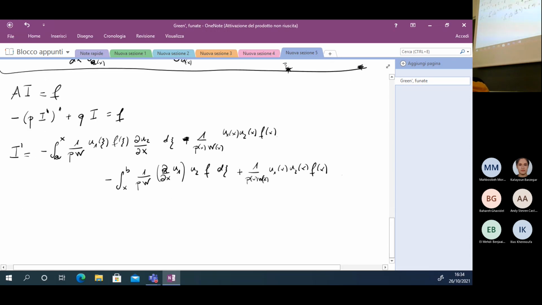Full stop. This is the first derivative of I. This term and this term cancel each other because they are the same.